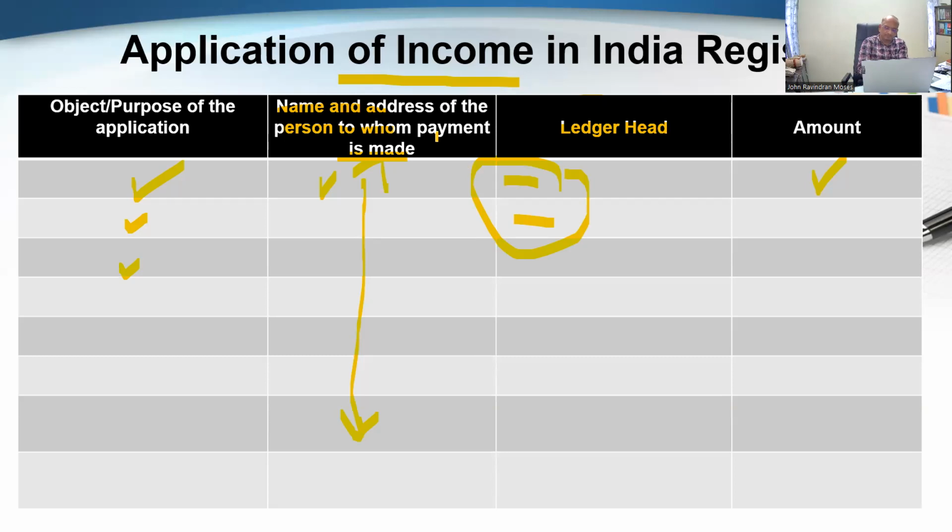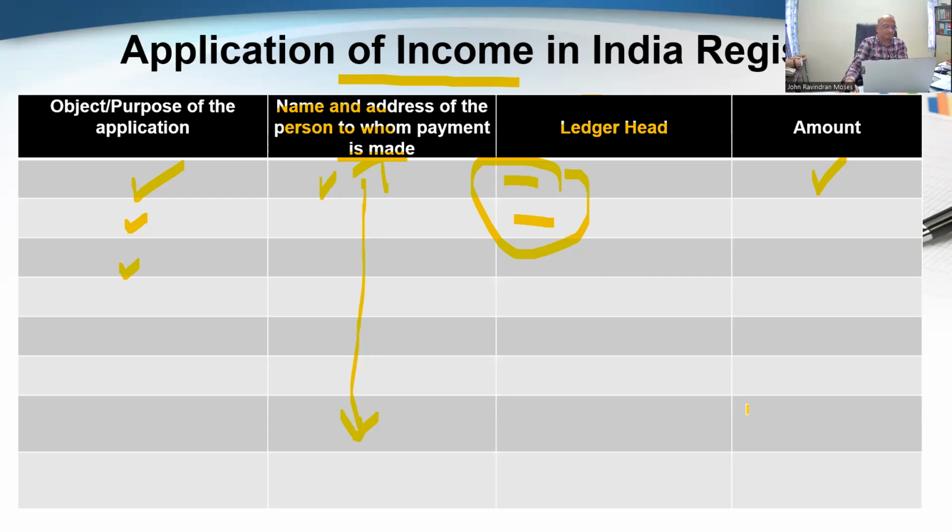To whom it is paid and what for will not be there. Supposing you buy a computer, you will not even write the name of the company or shop from which you purchased the computer or laptop. No information will be there. Your account head will say computer, and your narration will also say computer. If you maintain that, you are in for bigger trouble.